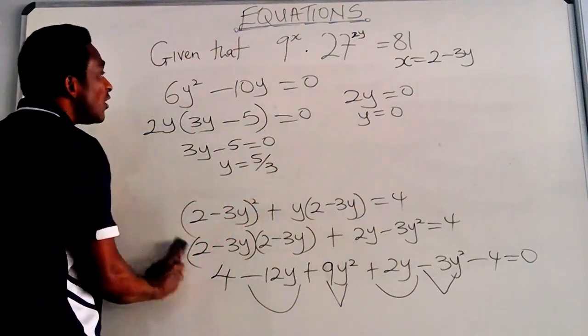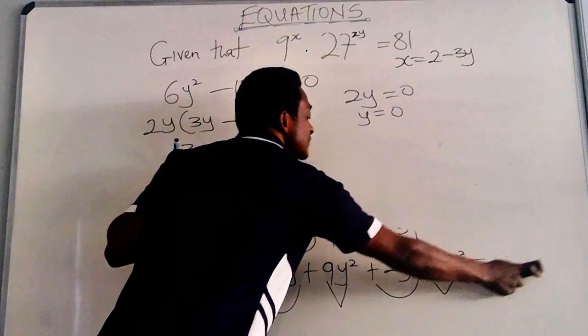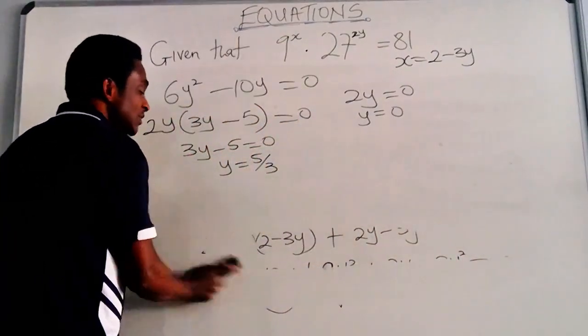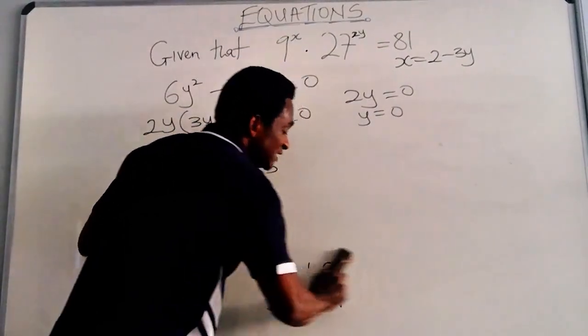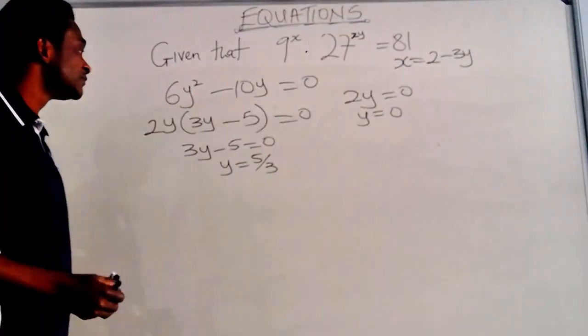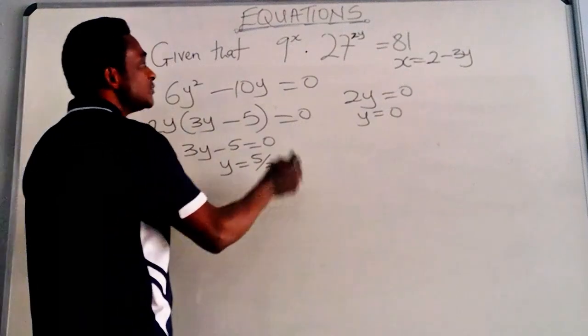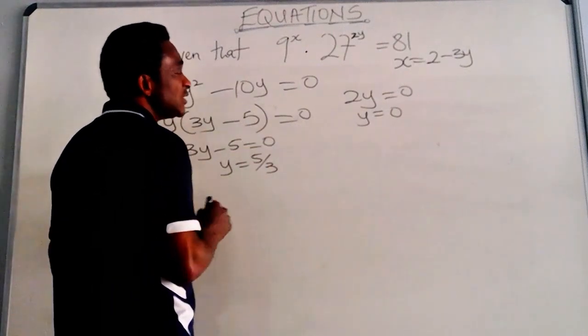Remember, we are solving for x and y. And the degree of the expression from our equation 2 is squared, so we now solve for the two values of x also.